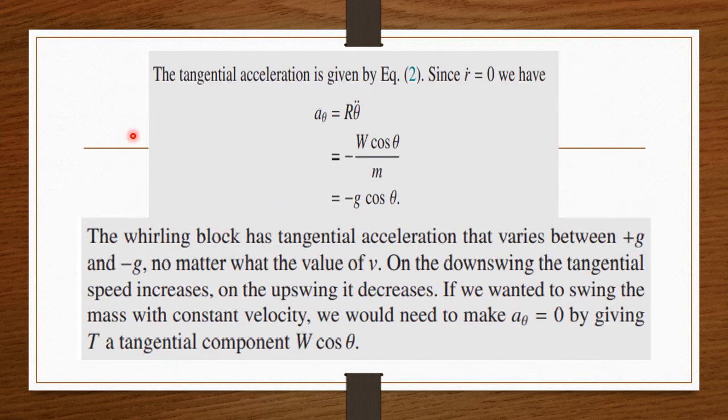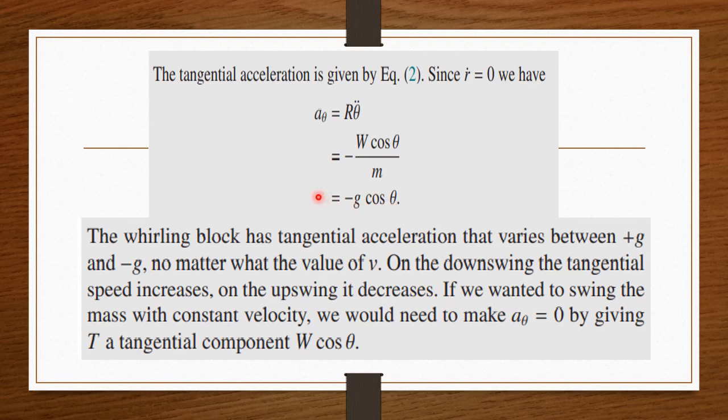Now the second part is to solve for the tangential acceleration, which is given by equation number 2. We know that r dot is 0. Therefore a_theta is equal to r theta double dot. From that equation, the tangential acceleration is minus W cos theta by m, or since W is equal to mg, when m cancels it is equal to minus g cos theta.